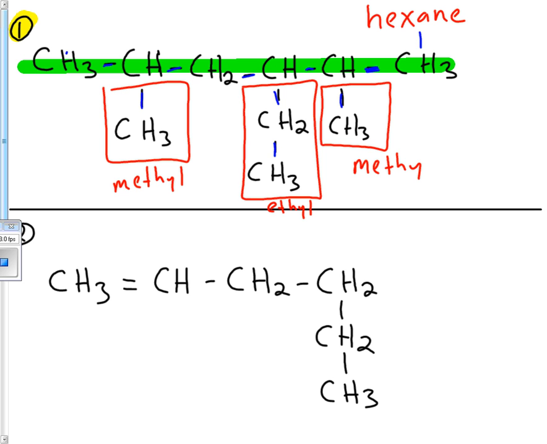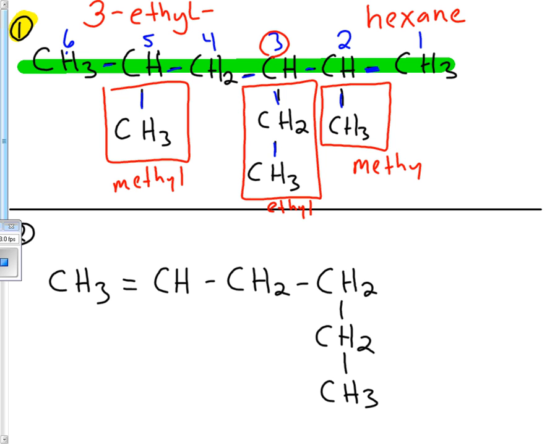So here's our 1, 2, 3, 4, 5, 6. This ethyl is located at carbon number 3, so that's its address. So we put the 3 first for the address. Always use a hyphen, and then add the ethyl. After the ethyl, we need to put a dash.